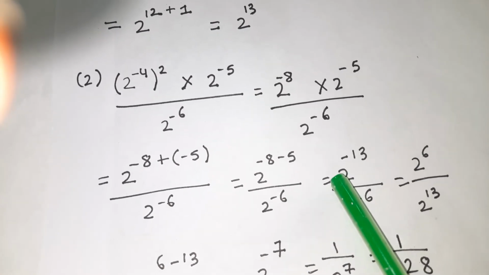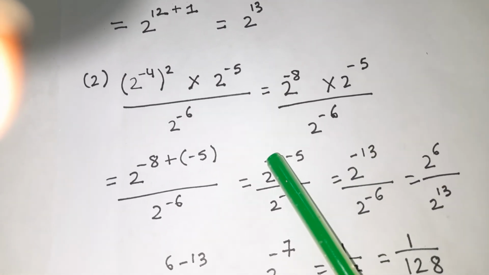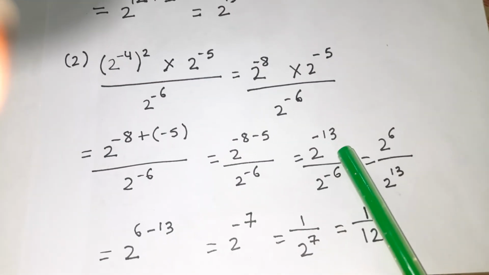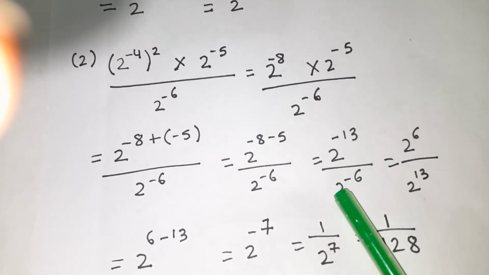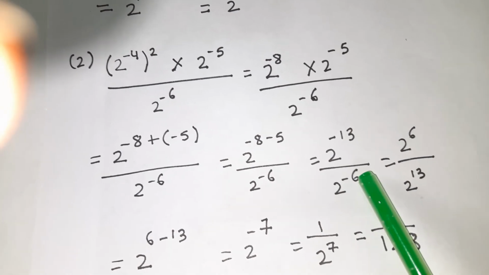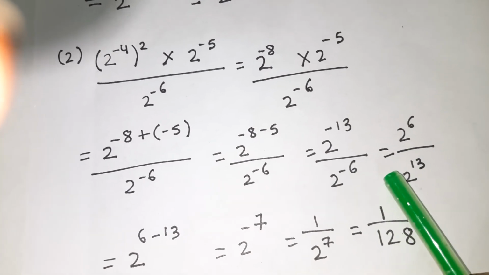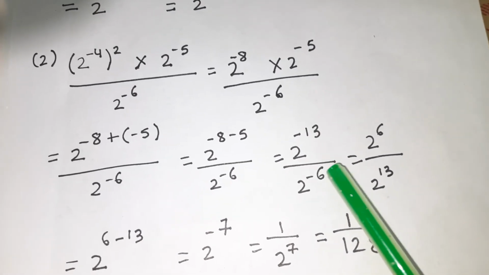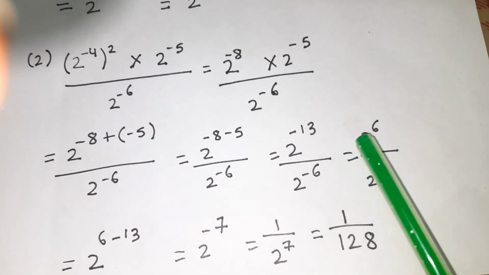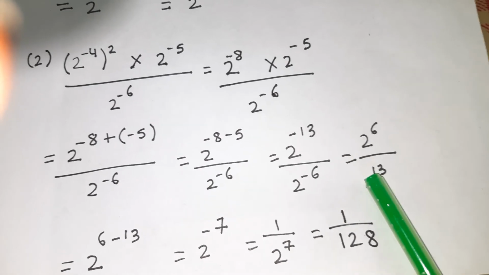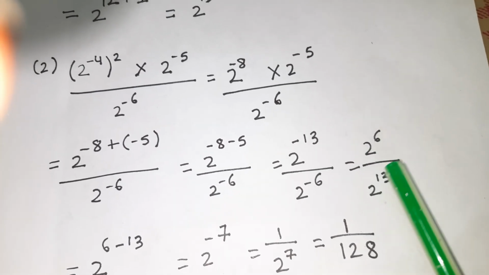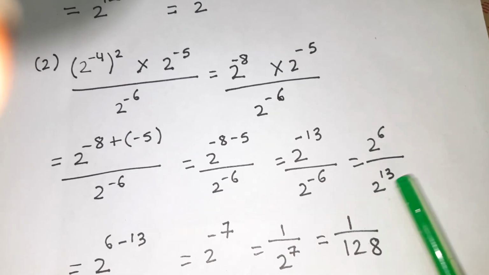So 2 raised to the power minus 13, 8 plus 5 is 13, divided by 2 raised to the power minus 6, means again you will take the reciprocal. So you have to change into positive. This will go up and this will come down. It will become positive, means 2 raised to the power 6 upon 2 raised to the power 13.